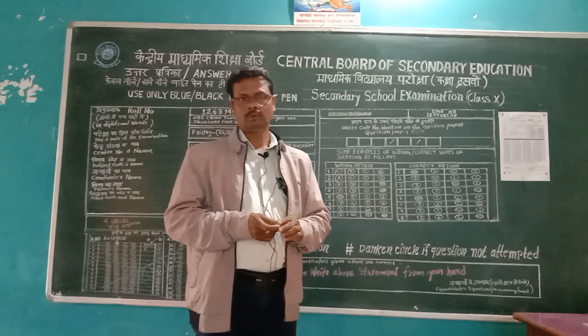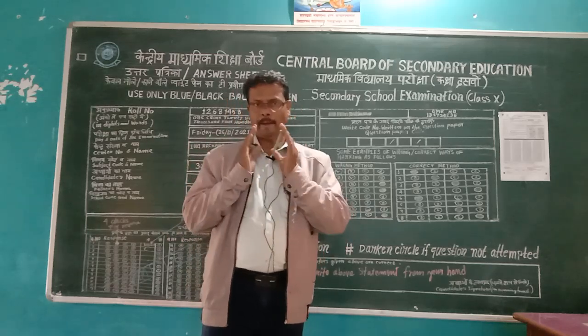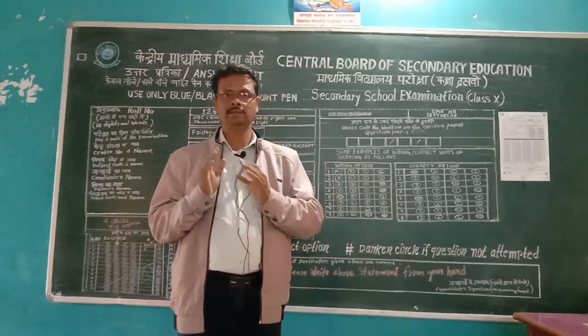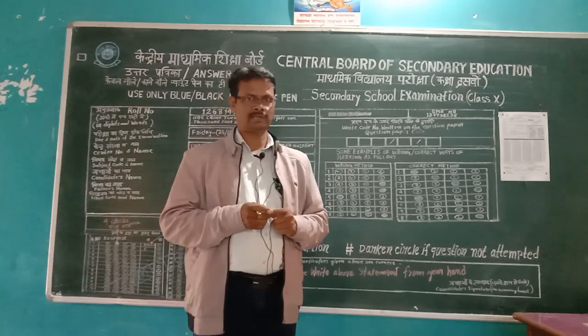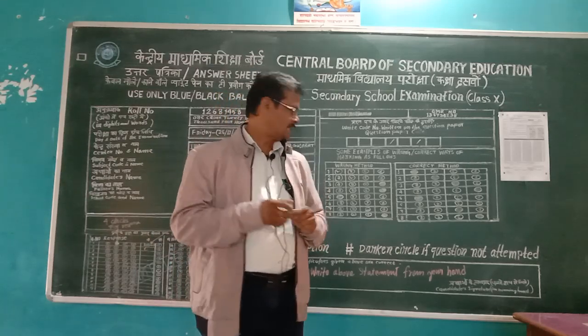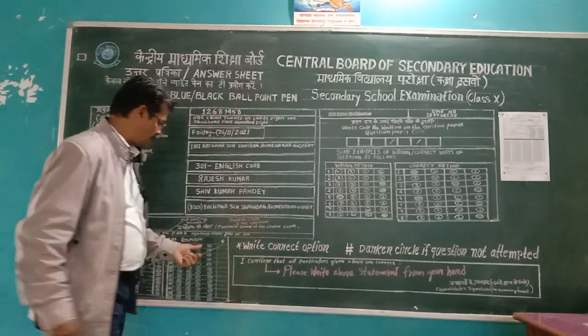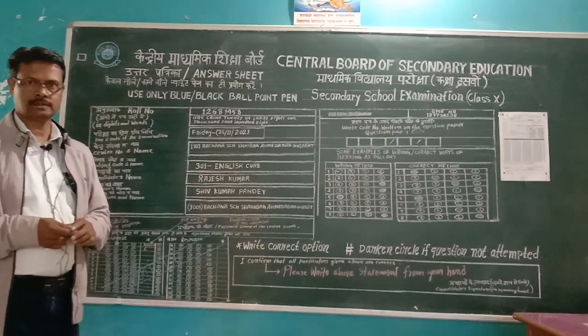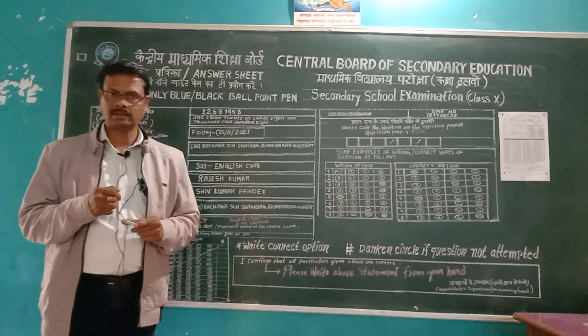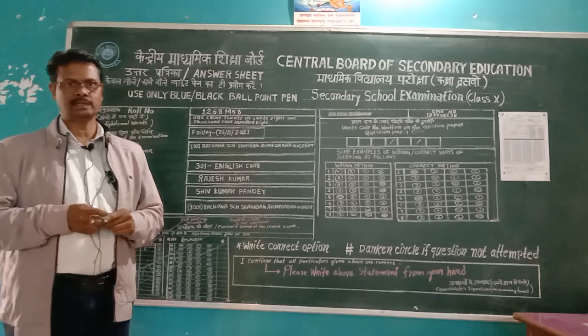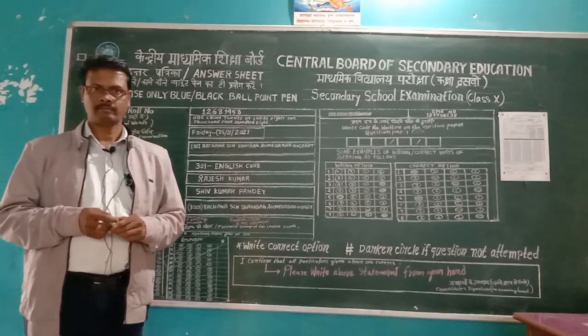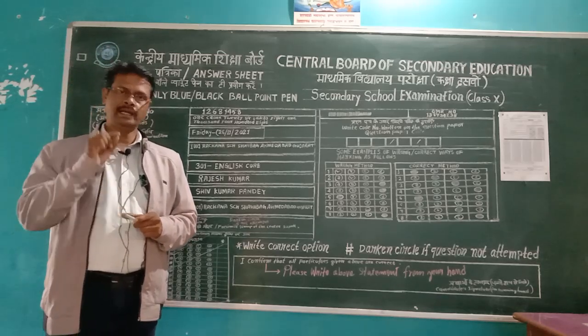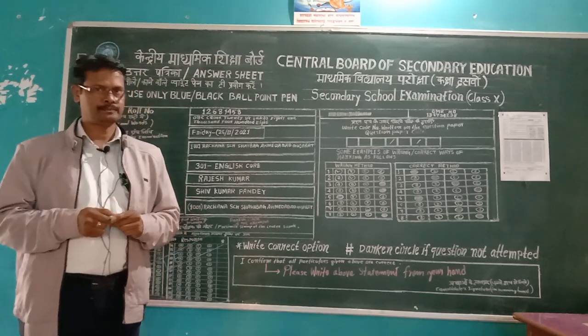Next we have to see that every question paper does not contain 40 questions. The maximum number of questions is 60 in the answer sheet. In mathematics and all languages except English, there are 40 questions and each question carries 1 mark.